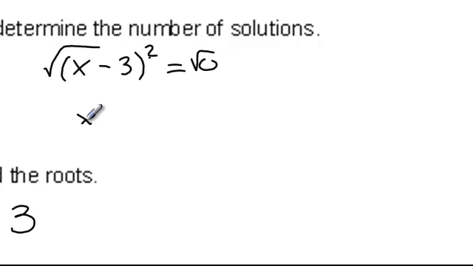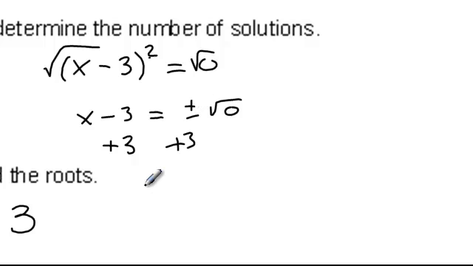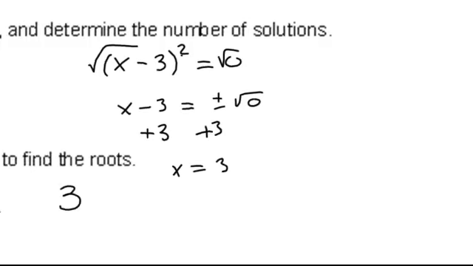Then we get x minus 3 equals plus or minus the square root of 0. So it looks very similar to what we just did, but in a different way. Plus 3 to both sides. Remember, plus or minus 0 is redundant. X equals 3. So you can see how these coincide with one another.